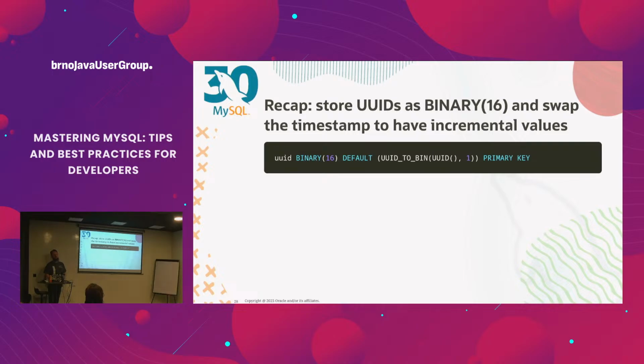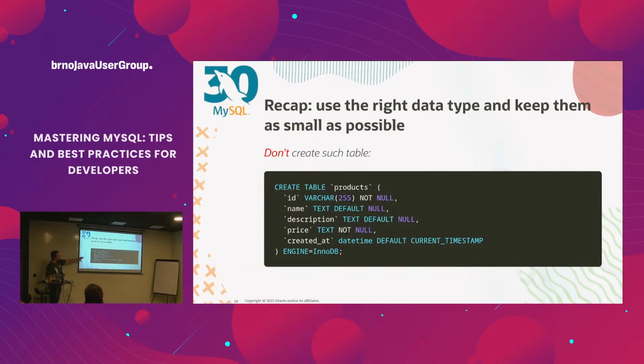If, let's say, your product manager says, oh, you need to use 4 to be completely random, never use it as a primary key. Then use the auto-increment and put the UUID as a secondary index if it's a V4, because you cannot do anything with it. And please don't create such a table with varchar like this, text. This is a very bad idea.